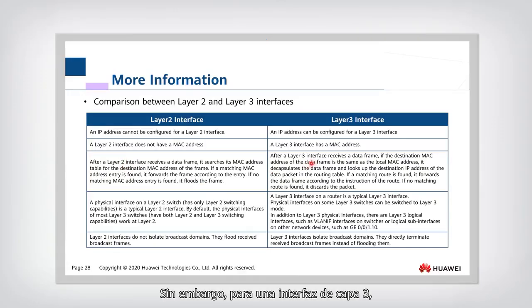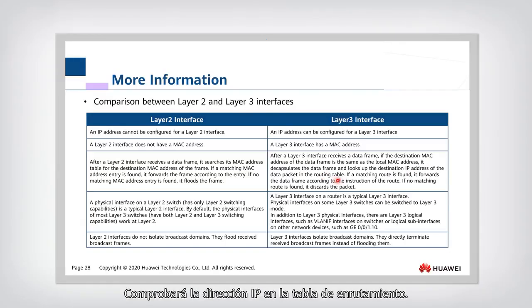However, for layer 3 interface, when they receive a data frame, if the destination MAC address of the data frame is the same as its local MAC address, this means the packet is for itself. And then it will decapsulate the data frame and look up the destination IP address in the routing table.